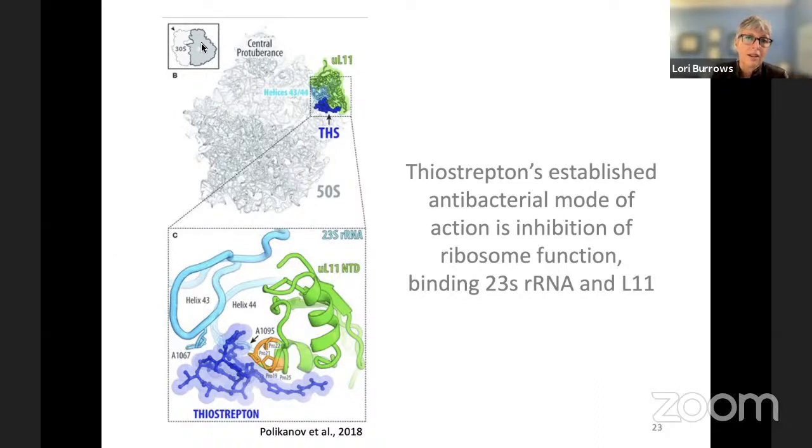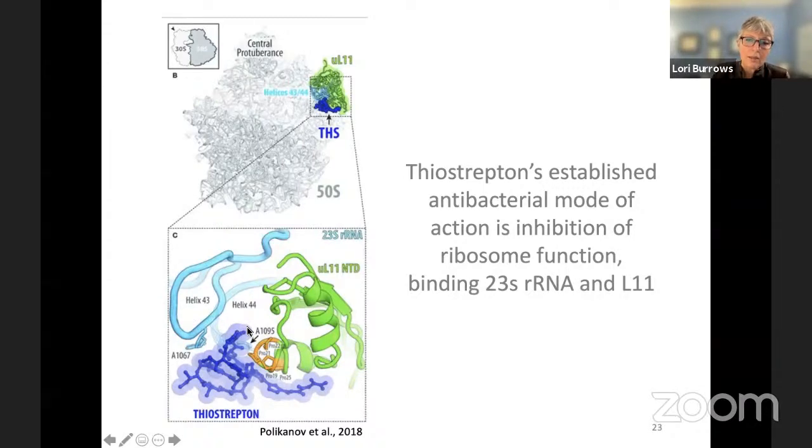So this is the 30S and 50S subunit of the bacterial ribosome, and this particular drug down here in blue binds in this crack between the 23S rRNA and one of the ribosomal proteins. So it wedges itself in here, and that messes up the function of the ribosome.